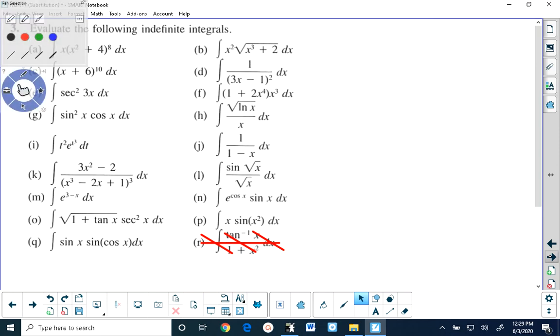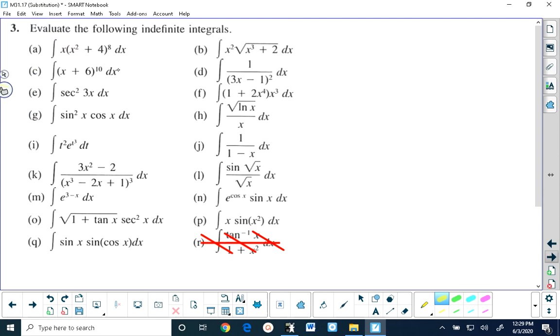Let me highlight the ones where I would say to you substitution is overkill. Now, for some of you, substitution might be overkill for all of them. I don't know. Those two for sure are overkill. I think this one, substitution is not necessary. I think this one, substitution is not necessary.